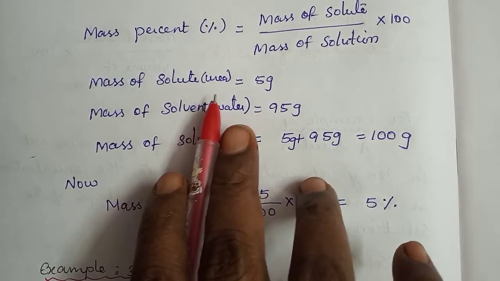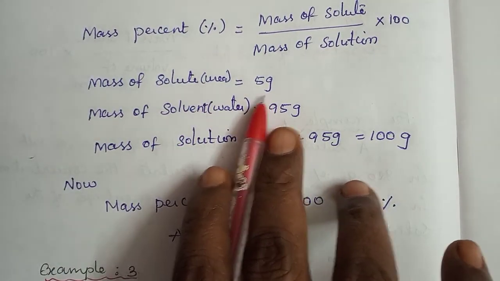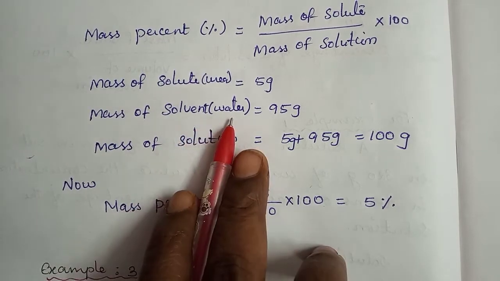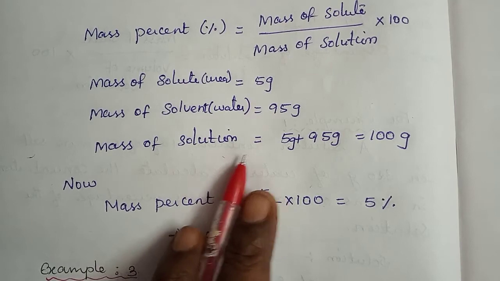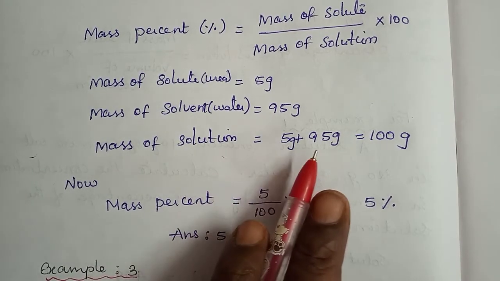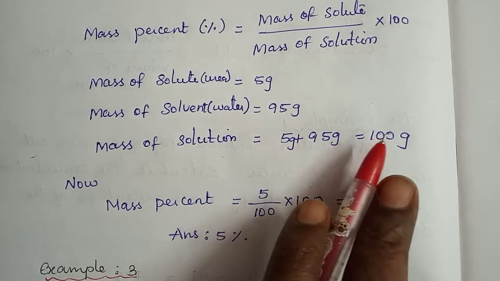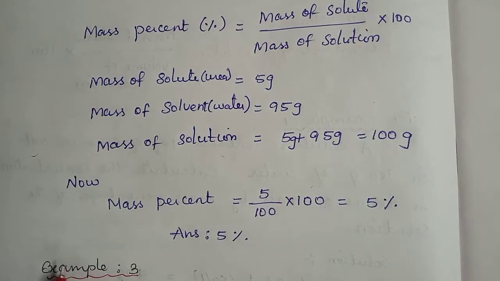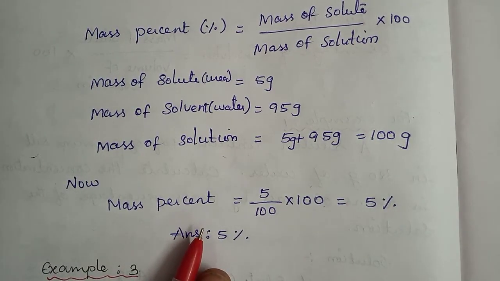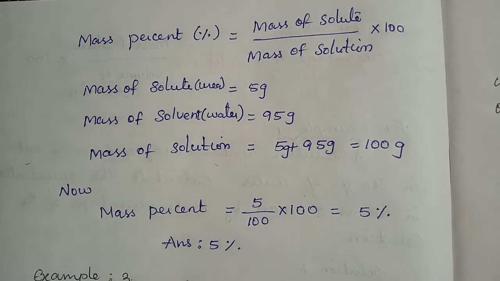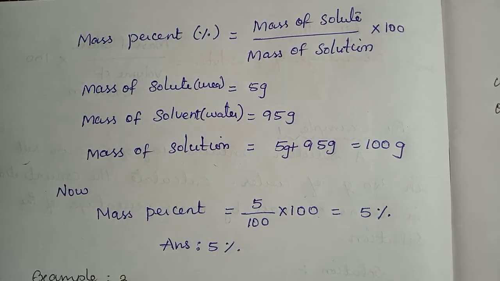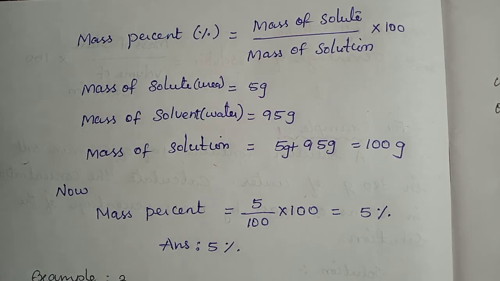Mass of solute, urea, is equal to 5 gram. Mass of solvent, water, is equal to 95 gram. Mass of solution is equal to 5 gram plus 95 gram, is equal to 100 gram. Now mass percent is 5 by 100 into 100, is equal to 5 percent.